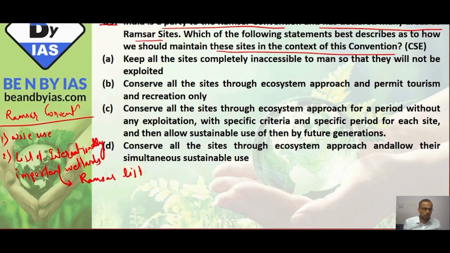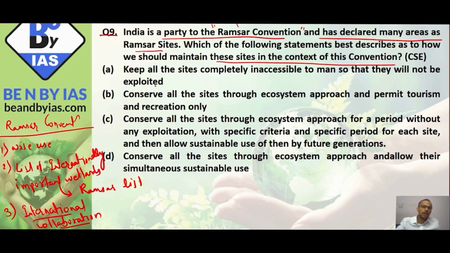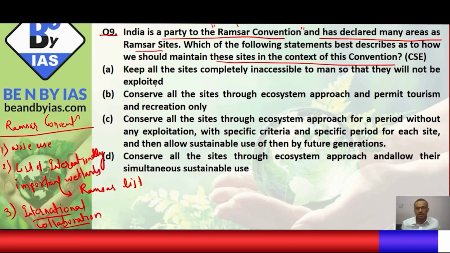Next, the third goal is international collaboration. There will be some wetlands shared by different countries, and in order to conserve those wetlands, there has to be international collaboration. These are the 3 goals of the Ramsar Convention. India is also a member, and we have almost 42 sites right now in the Ramsar list.